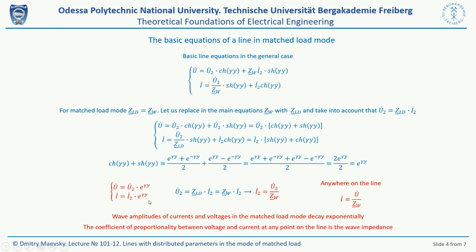Note that the voltage at any point along the line, in the case of matched load, depends only on the voltage at its end and the distance from the end of the line. And the current depends only on the current at its end and this distance.